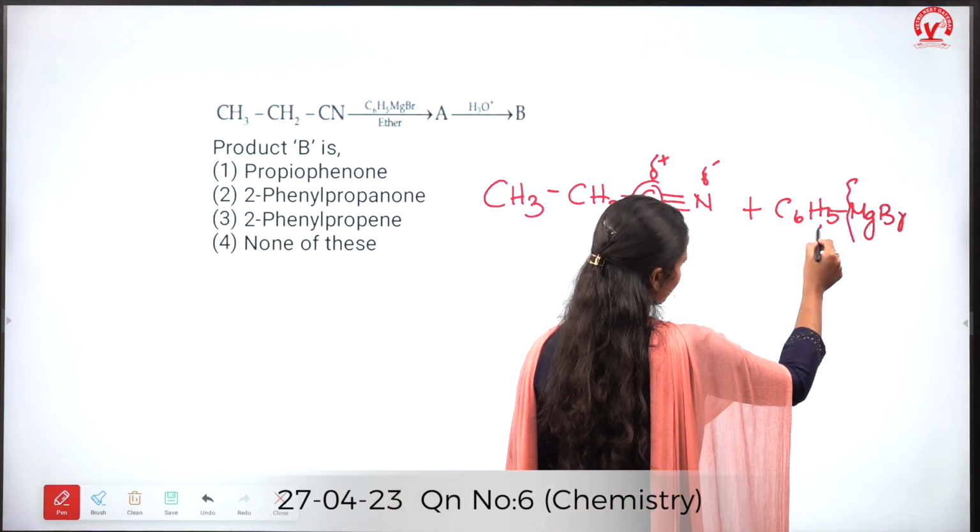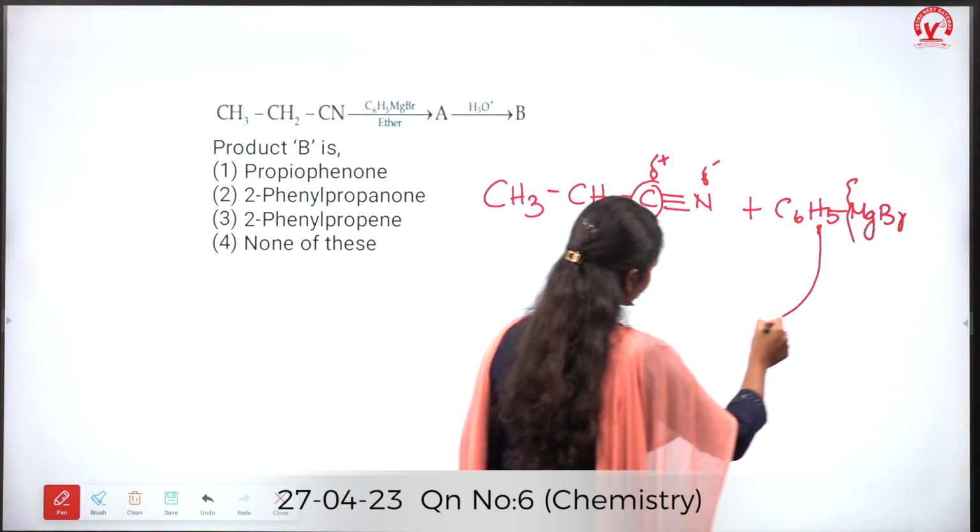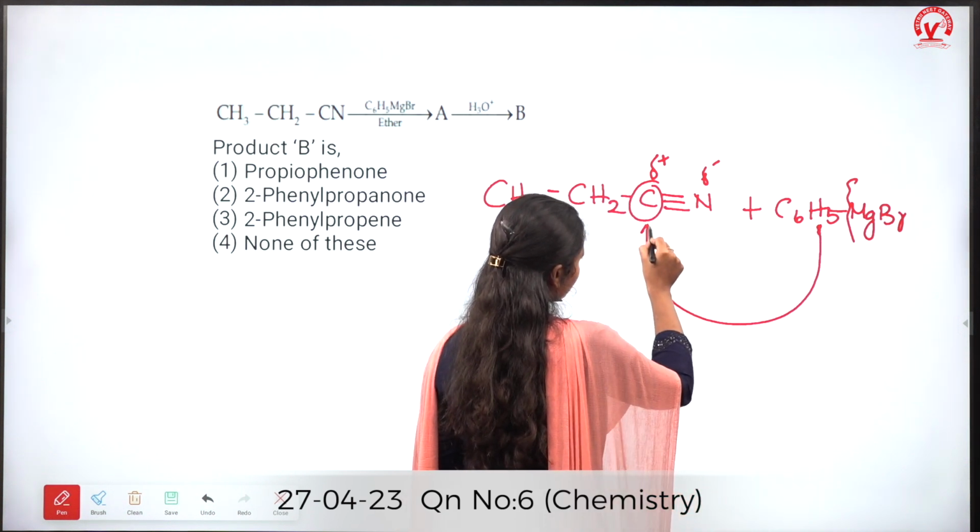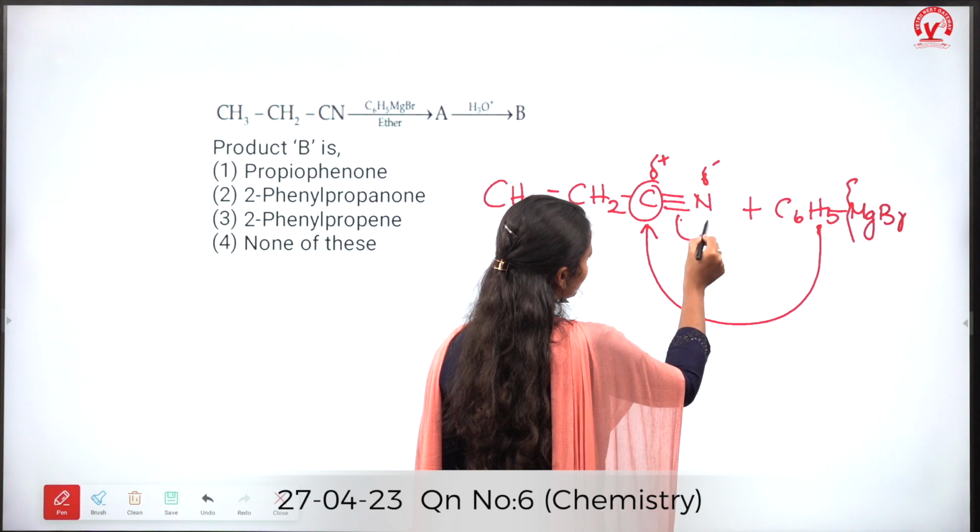So the phenyl group attacks this carbon and the bond goes to nitrogen.